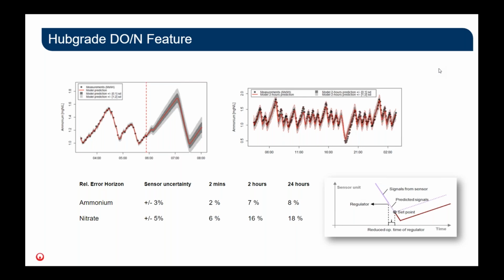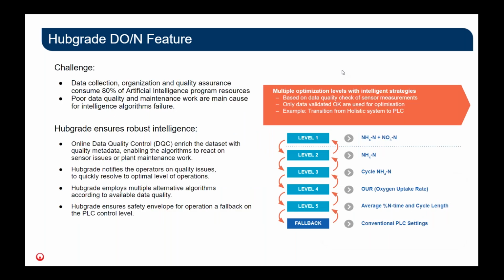There are very robust data quality checks so that the system will know if a reading is drifting, if a probe is getting too far out of calibration, and the system will respond accordingly automatically without the operator needing to say, turn off this part of the feature because that reading is suspect and I don't want it to steer my plant awry or steer it down the wrong path.